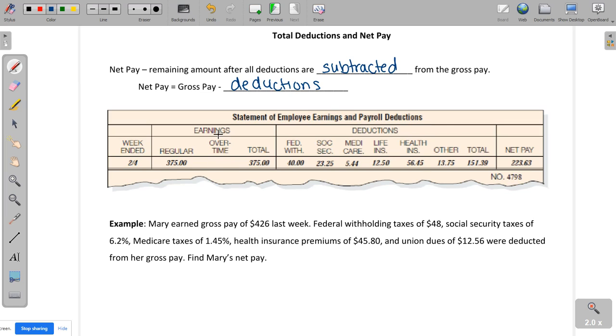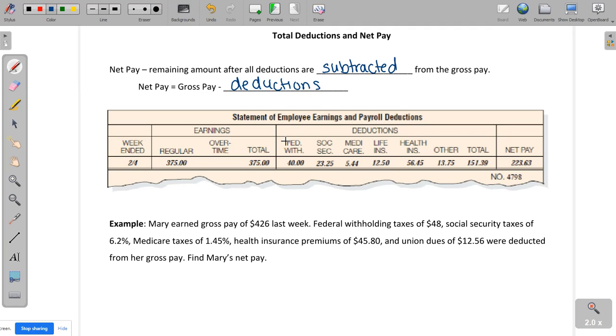So here you can see a snippet of an employee's earnings and payroll. So the week ending on 2/4, the regular pay was $375. There was no overtime pay. So total earnings, so the gross pay, is $375. Now we have all of these deductions taken out, so subtracted out.